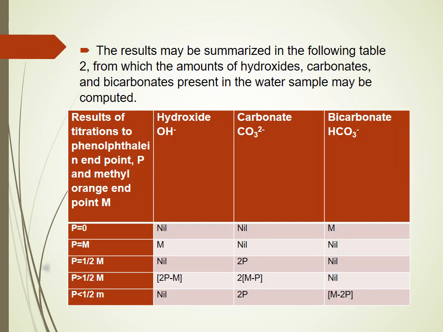This is one of the tables by which we are able to first determine the type of alkalinity present in the water, that is, whether it is due to hydroxide, carbonate or bicarbonate ion, and then secondly, after determining the type of alkalinity, by using the formulas given in the table we are able to determine the extent of the alkalinity present in the water sample.